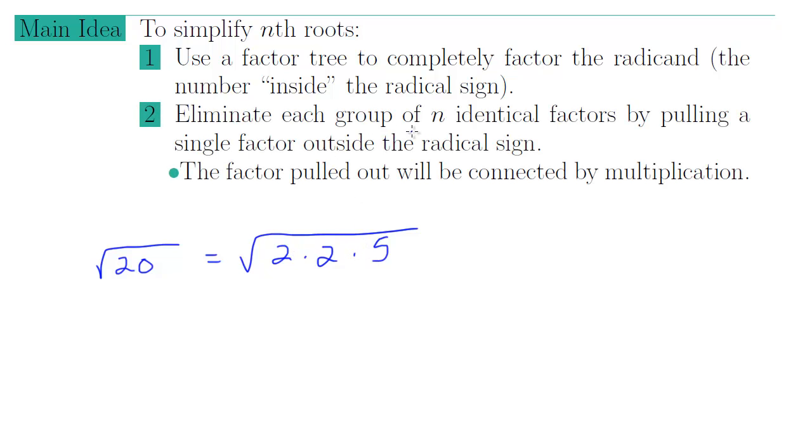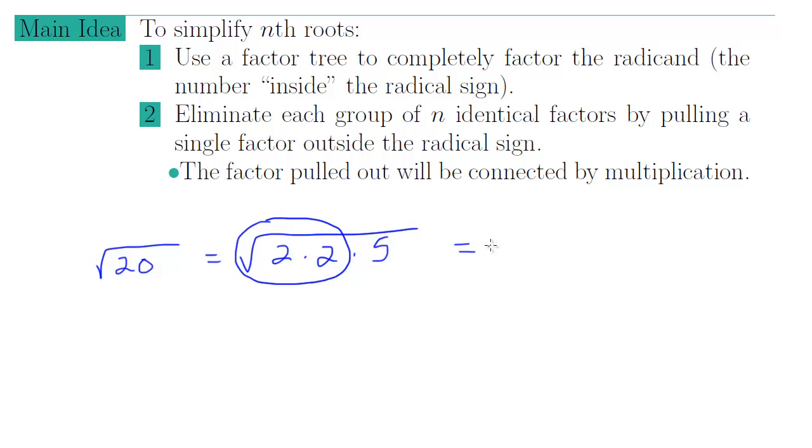Next, eliminate each group of n identical factors by pulling a single factor outside the radical sign for each one of those groups. So inside of this root 20 there's a root of 2 times 2. And we know that the square root breaks identical factors into a single factor.